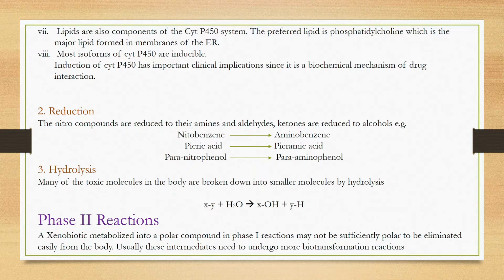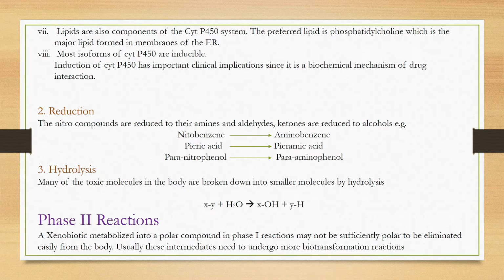Hydrolysis: many of the toxic molecules in the body are broken down into smaller molecules by hydrolysis. You see this XY, the xenobiotic, reacts with water to form XOH and Y. The hydroxyl group and the hydrogen ion of the water are transferred to these different fragments of the substrate XY.